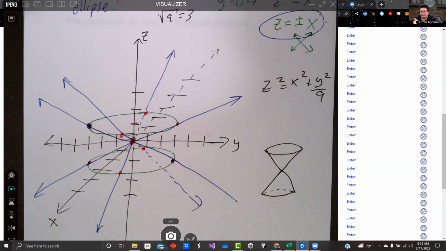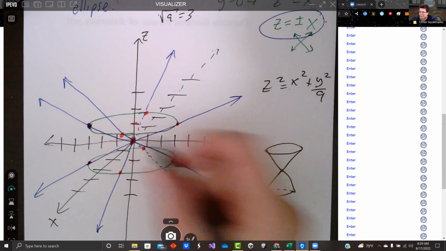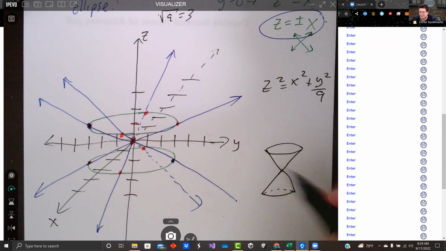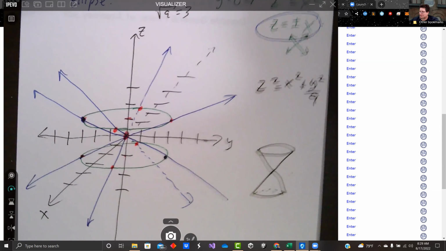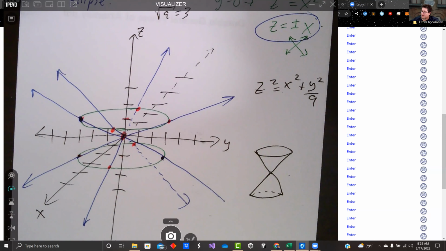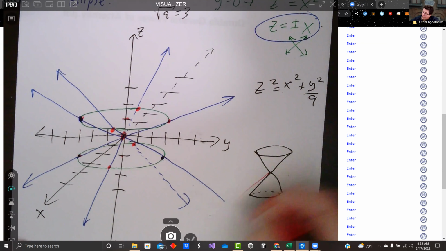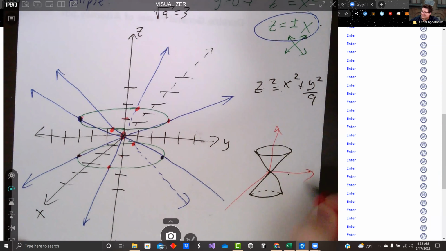Because it's making ellipses, it should be like two snow cones stacked one on top of each other. I think actually this is a better graph than this. So when you know how the graph should look, it might be easier at some point to just go, okay, let's add axes to this kind of thing.